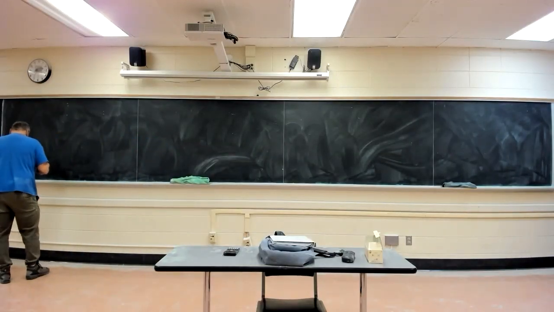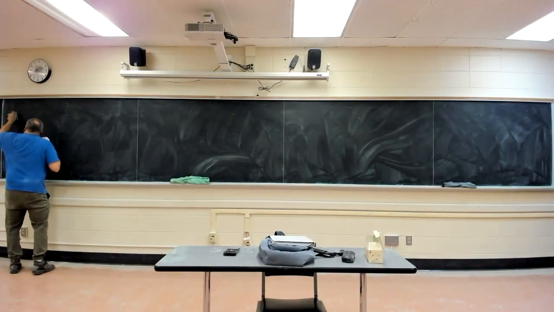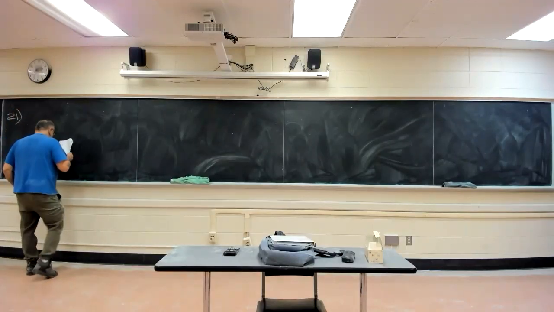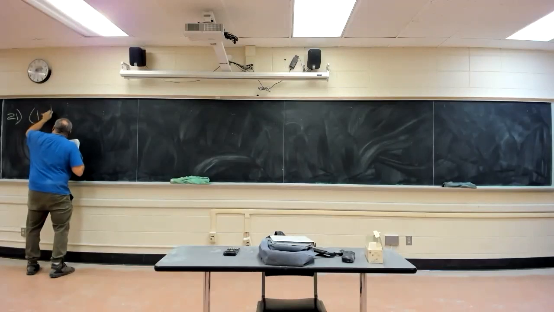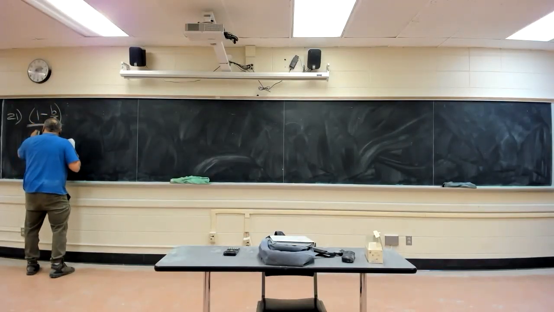Let's talk about it. 21. There's a number of ways to go with some of these. Once you got the technique, it's not too bad. Just be careful. Here you got A over 2 minus B over 2.